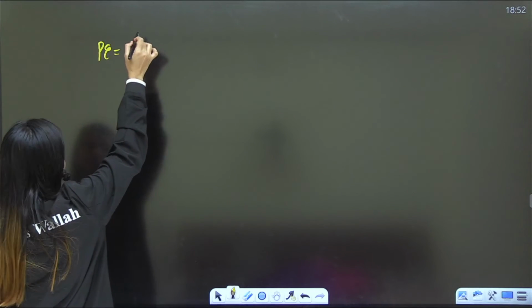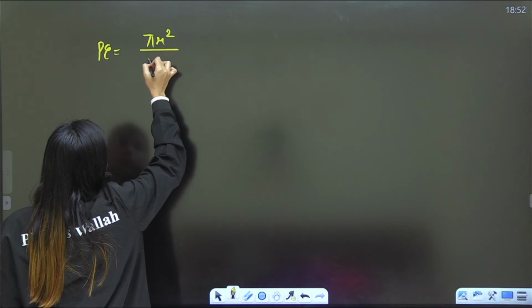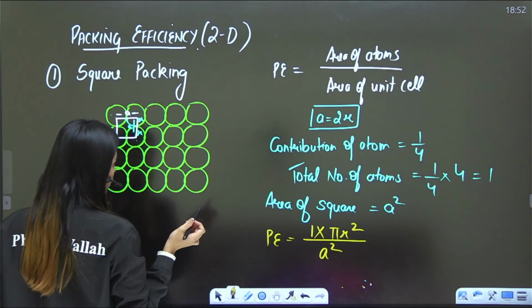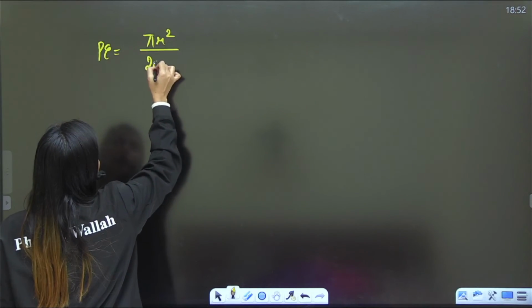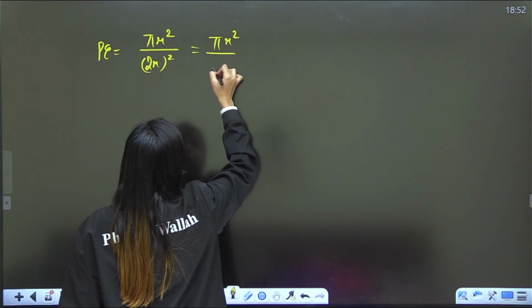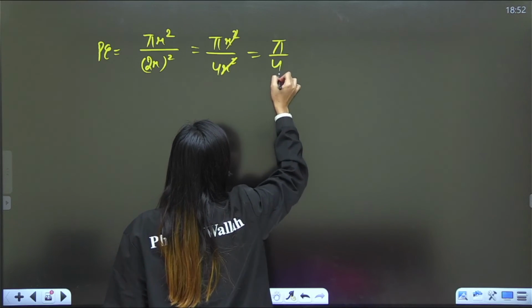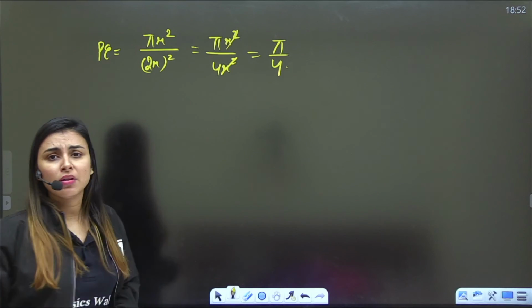So the packing fraction will come out to be pi r square upon, A is equal to 2r, right? Yeah. So 2r whole square. So this would be pi r square upon 4r square. Let's cancel r square by r square. So pi by 4 is the packing fraction.